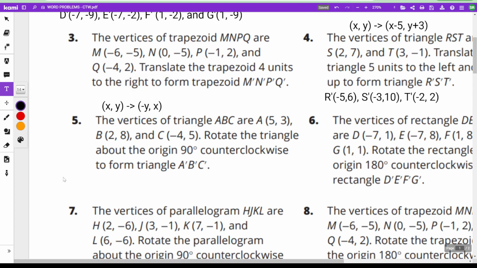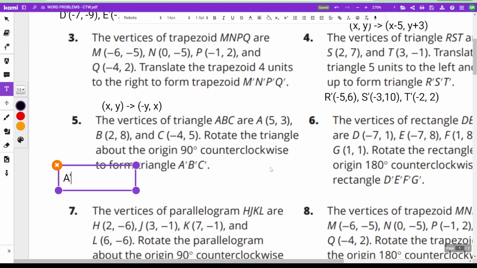Okay, so let's see what that looks like. So a prime, the 3 is going to become negative, and then we're going to swap the 2 coordinates. So that's going to be -3, 5. Okay, b prime. The 8 is going to become negative, and they're going to swap places. So that's -8, 2.